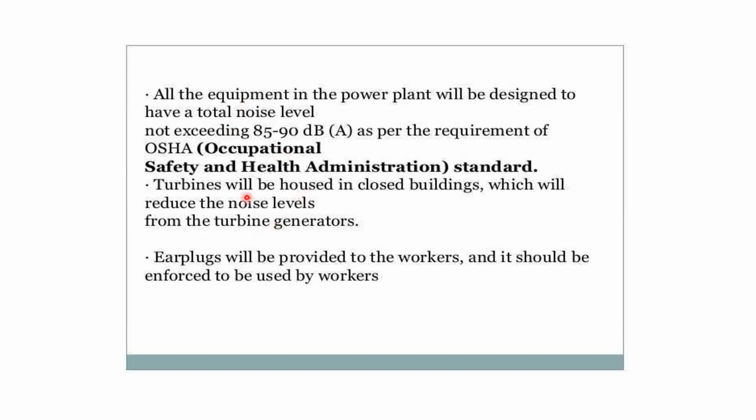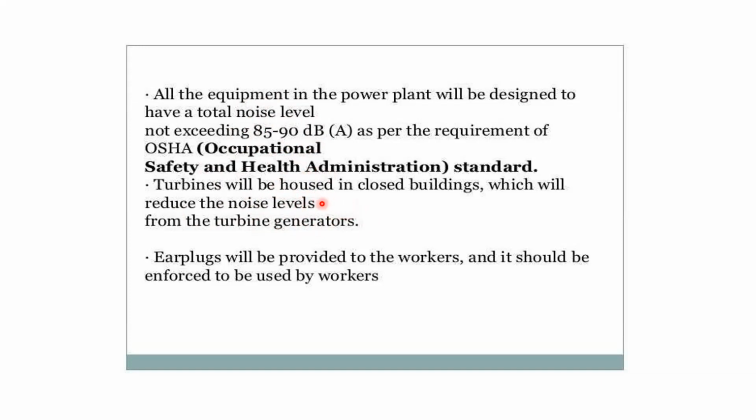And in order to control this noise level within the limit of 85 to 90 dB, nowadays in 250, 500, and even the 660 megawatt plant of Koradi power plant, I couldn't work there, but it is in our Mahajanko where I worked.